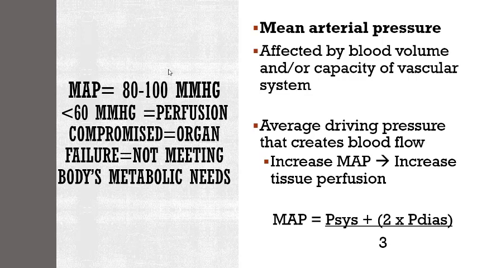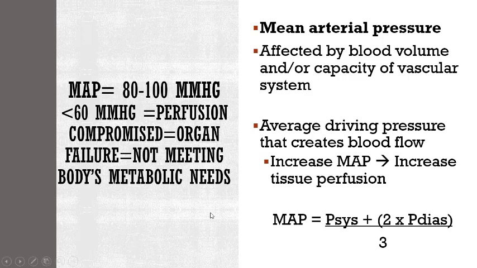So we talked a little bit about how your venous system carries like 2/3 of your blood volume, and it's really like your capacitance system that can shift blood where it needs to maintain that pressure. If you have something going wrong with that system, or again with blood loss, it can only do so much, and that can affect your MAP. You can really think of your MAP as the average driving pressure that creates blood flow. So if you have increased MAP, you're going to have increased tissue perfusion. Decreased MAP, decreased tissue perfusion.